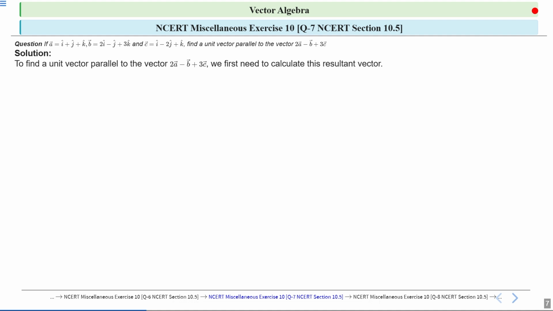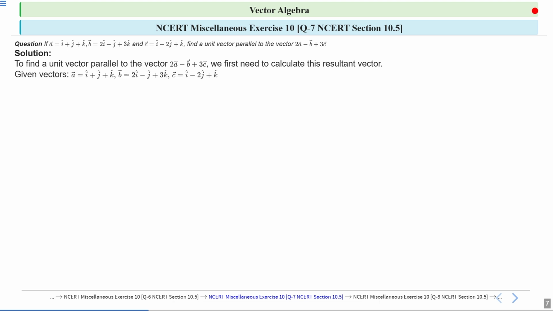The first step is that to find a unit vector parallel to 2A minus B plus 3C, we first need to calculate this resultant vector.